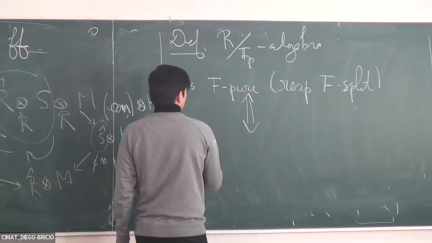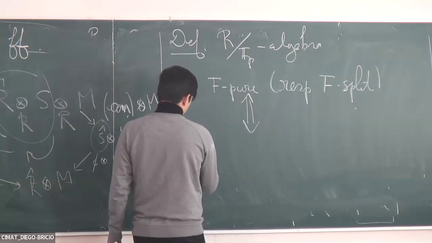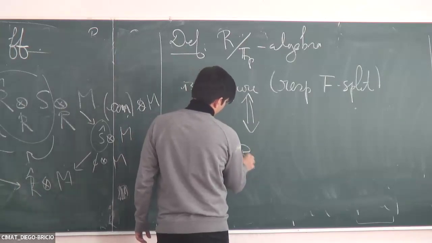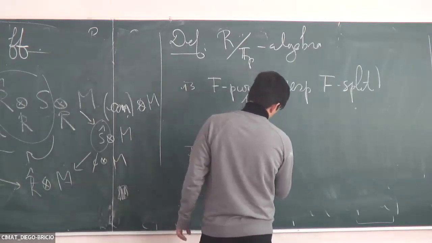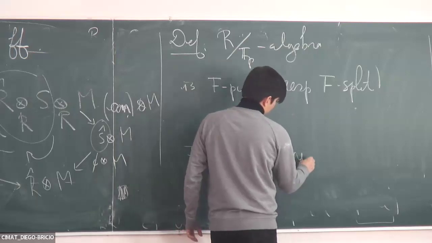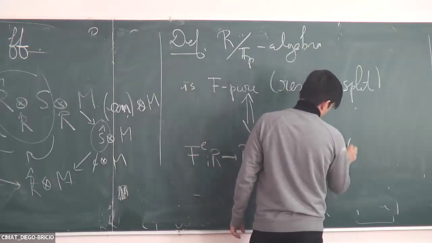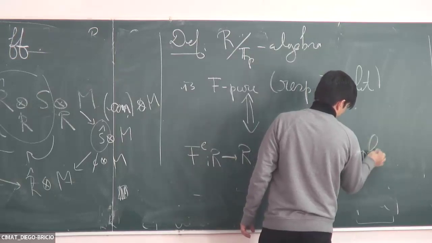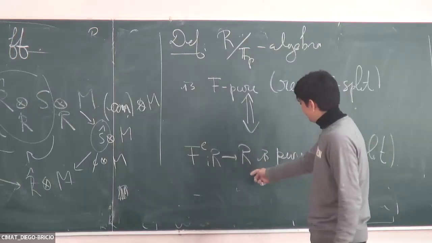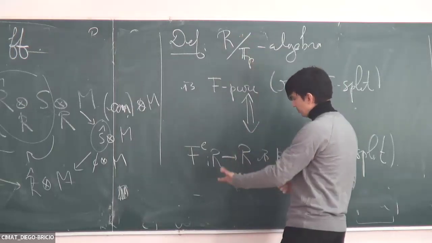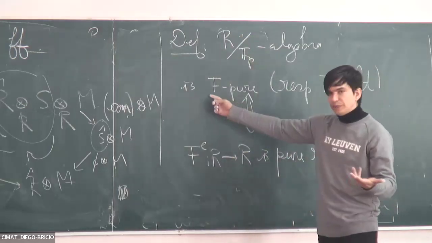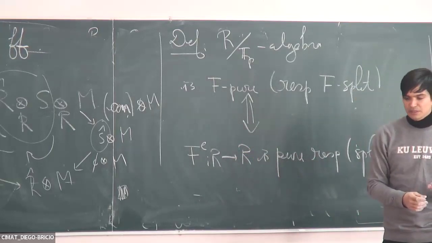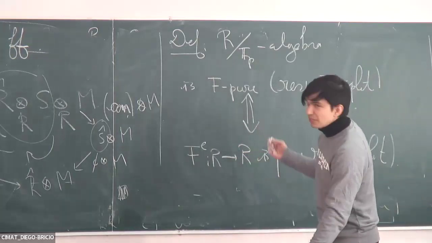well, what do you think it is? F to the e, R to R, is pure, respectively split. If the Frobenius map is pure or split, then you say that the ring is F-pure or F-split. Does that make sense? And notice that I just put F to the e.